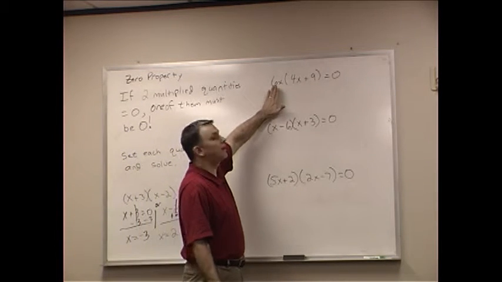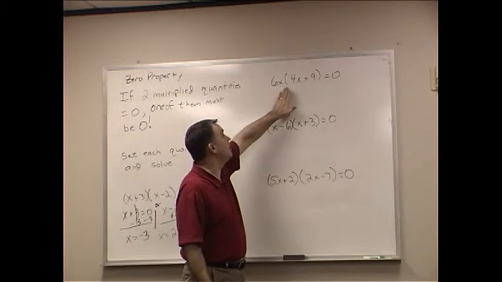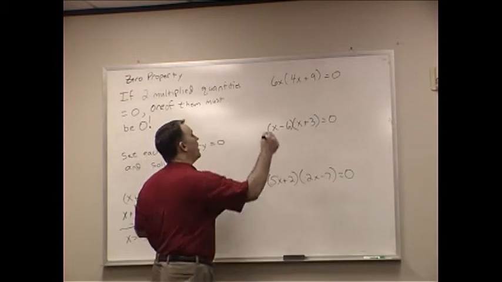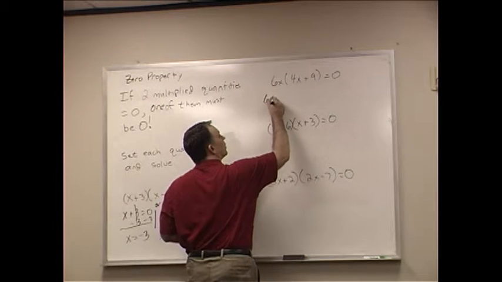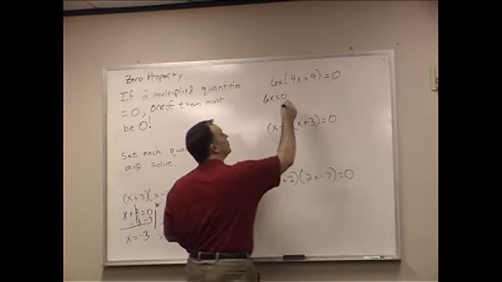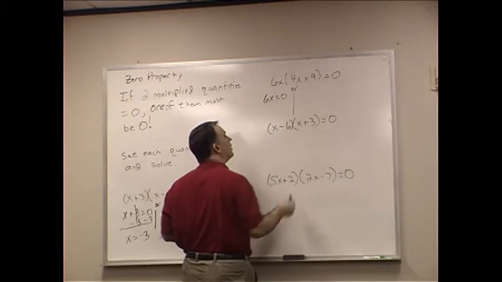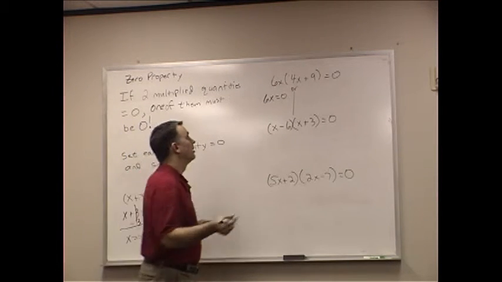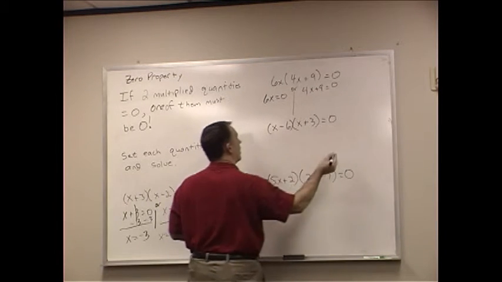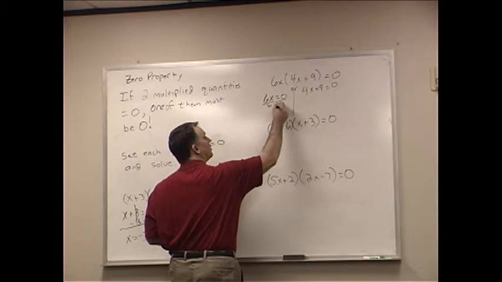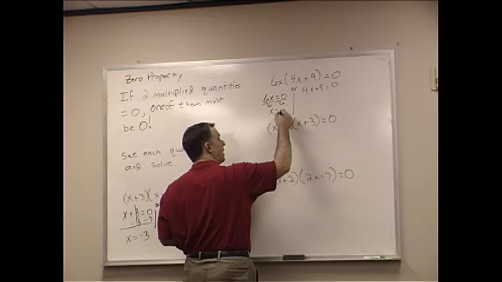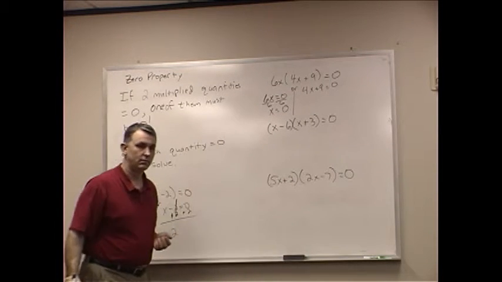All right, so now I've got 6x, and that is a quantity, times 4x plus 9 equals 0. Well, let's do that one. So we're going to set each quantity equal to 0. So 6x equals 0. I put my little line in my or. 4x plus 9 equals 0. Well, divide by 6, and 0 divided by 6 is 0.